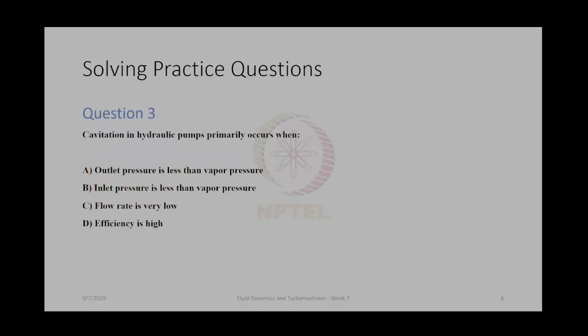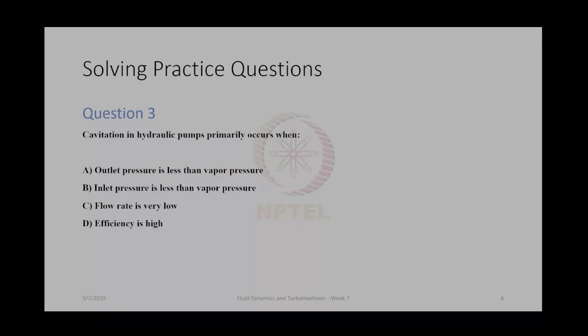We'll move on to question number three now, which is asking us that cavitation in hydraulic pumps primarily occurs when option A, outlet pressure is less than vapor pressure, option B, inlet pressure is less than vapor pressure, option C, flow rate is very low, or option D, when efficiency is very high?